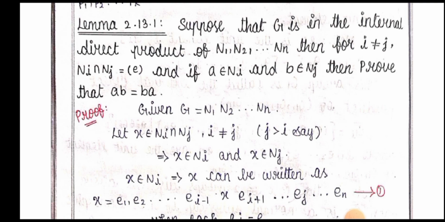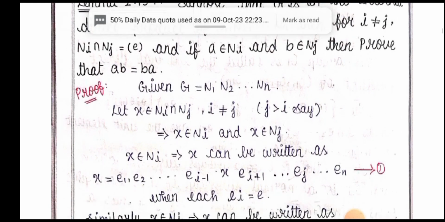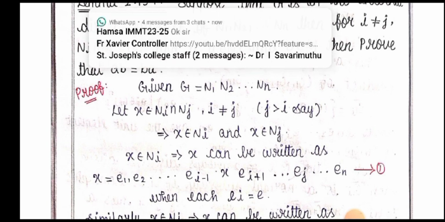First we see the first part. So for the proof, given G equal to N1, N2 and so on Nn, let x belong to Ni intersection Nj for i not equal to j, and also j greater than i say.